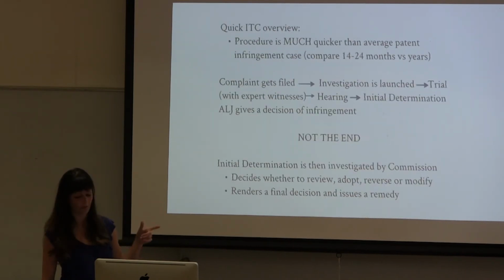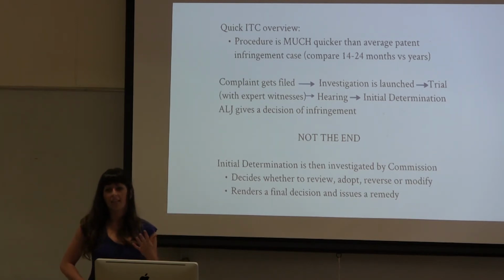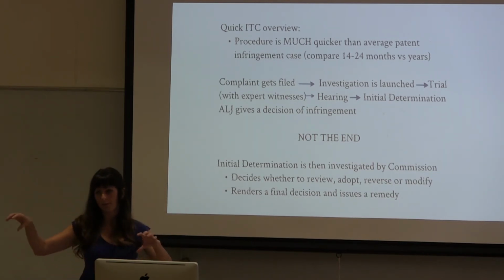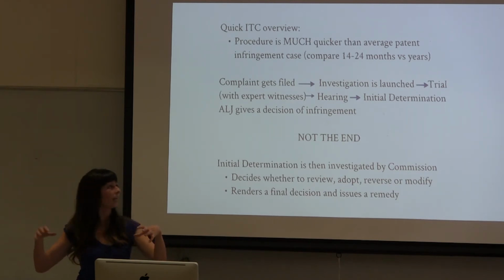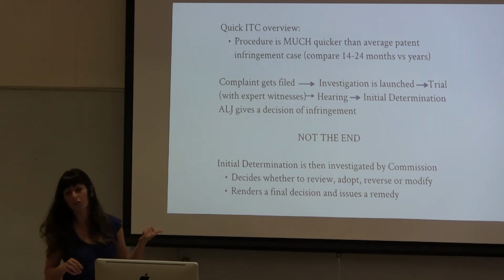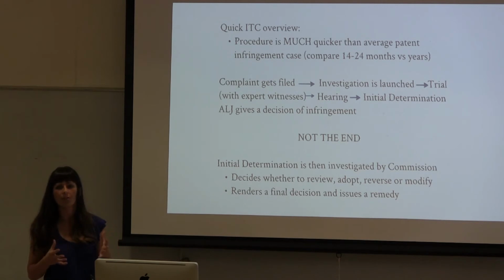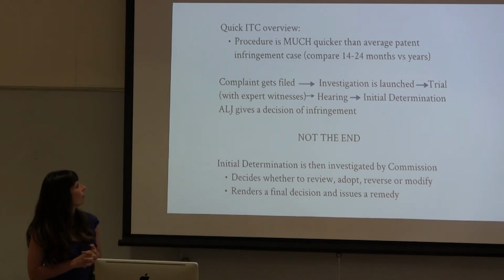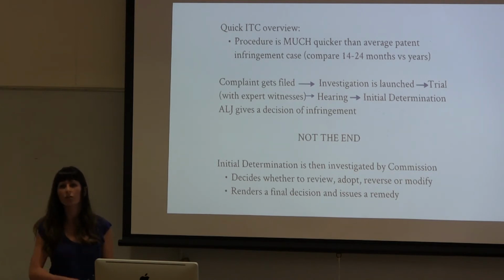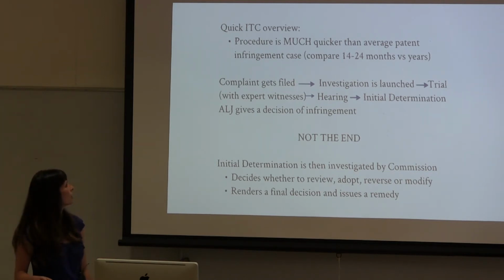So just a quick overview of the ITC. The ITC is an administrative court, so it's separate from the normal legal system that we see. But the procedure is you get a result much faster. So you see the comparison, 14 to 24 months versus just years and years of litigation.